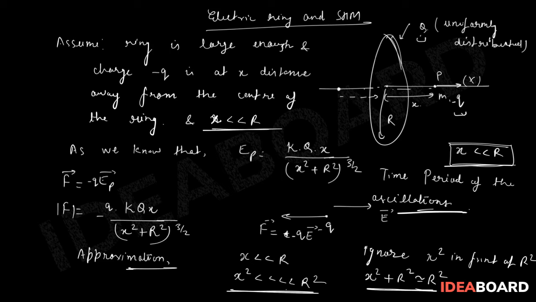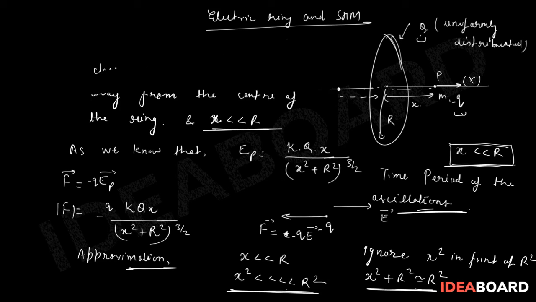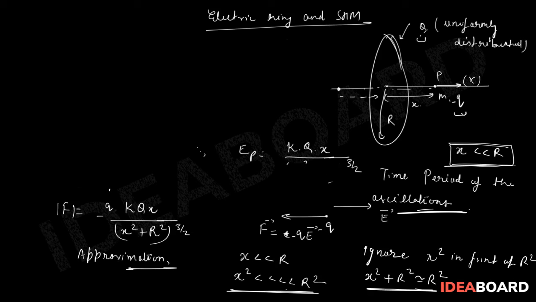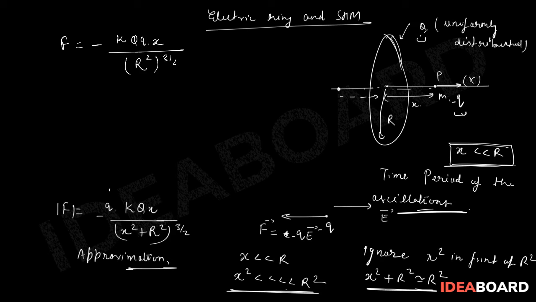If we use this approximation in our expression, we will get F equal to minus kQq into x upon (r square) to the power 3 by 2. Further, if you solve this, r square to the power 3/2 becomes r cube. You can rewrite it: F is equal to minus kQq upon r cube into x.